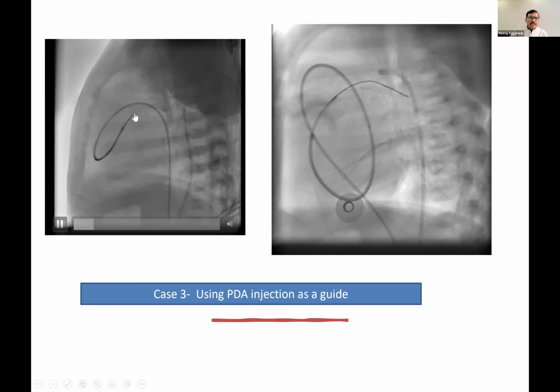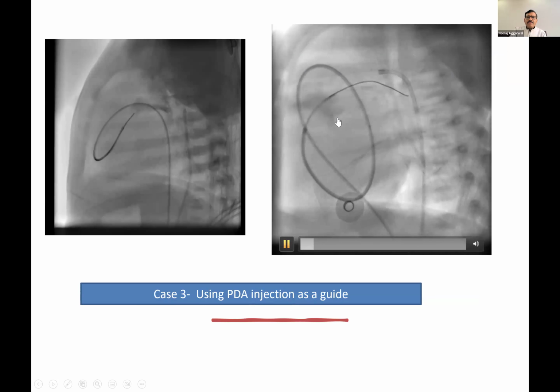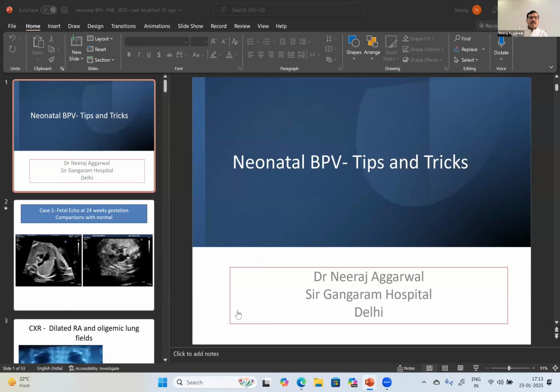You can see the wire is able to reach the pulmonary valve here, and finally we could enter the pulmonary valve. So here, the technique was using PDA injection as a guide. You can always use PDA as a guide to cross the pulmonary valve.